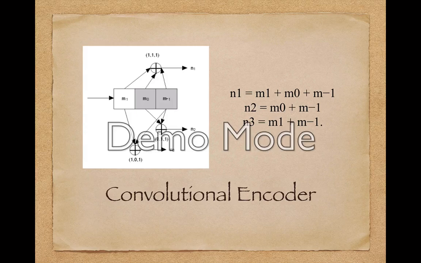This picture on the slide is a simple example of a rate 1/3 convolutional encoder with 3 registers, 3 adders. Constraint length is 3, and the generators are G1 equals 111, G2 equals 011, and G3 equals 101.